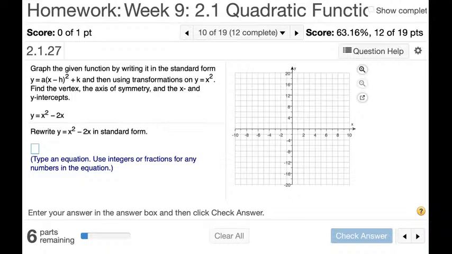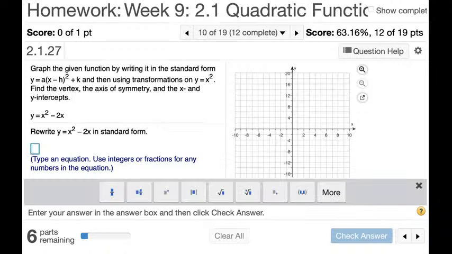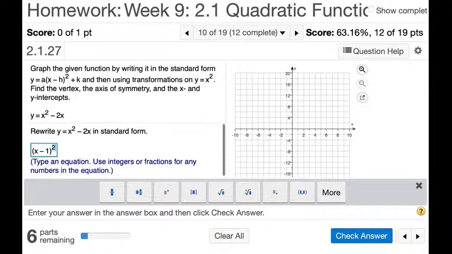Standard form. Okay. So standard form, we got this x minus 1 squared minus 1. Okay. Equation, right? So we need to say y equals. Okay, that looks better.